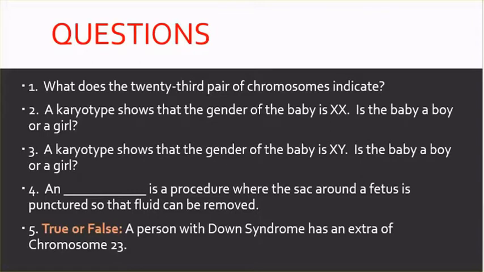Is the baby a boy or a girl? Number 4, a blank is a procedure where the sac around a fetus is punctured so that fluid can be removed. Number 5, true or false? A person with Down syndrome has an extra chromosome 23.